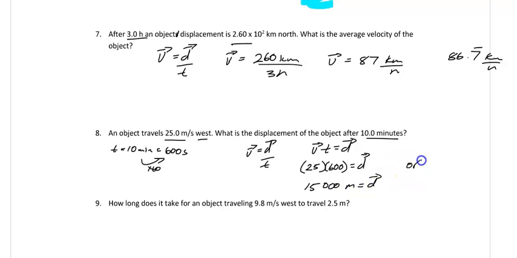Now we could also write that as 1.5 times 10 to the 4 meters, or 15.0 kilometers, keeping it to 3 sig digs. Really should have 0 there too, for 3 sig digs.